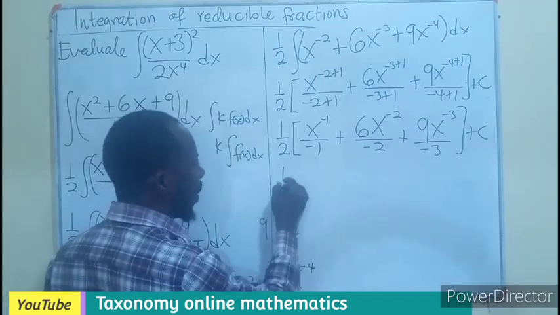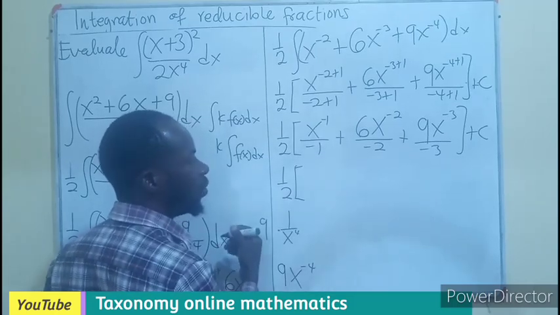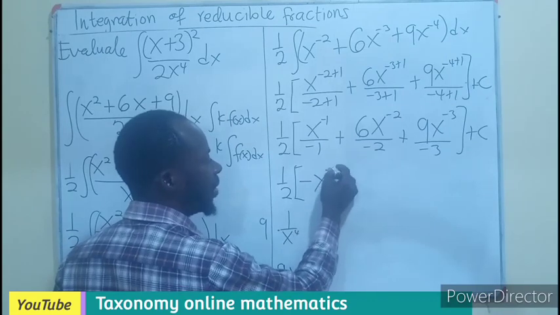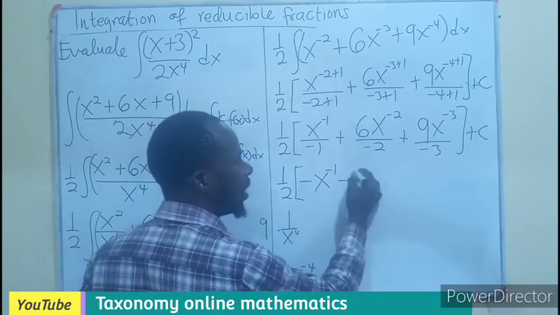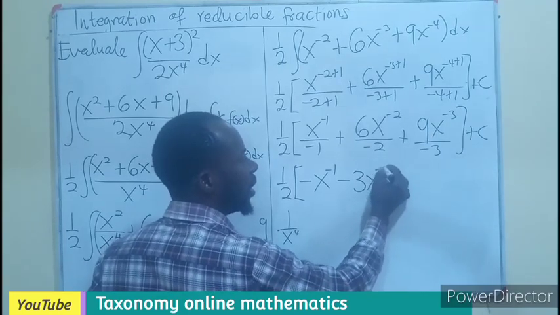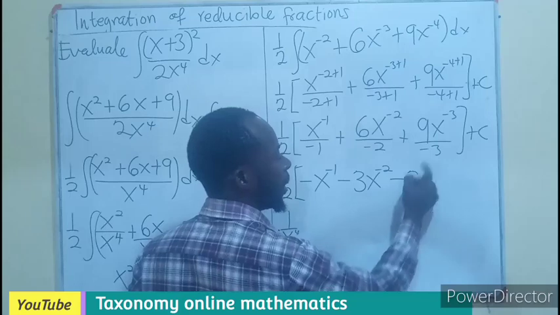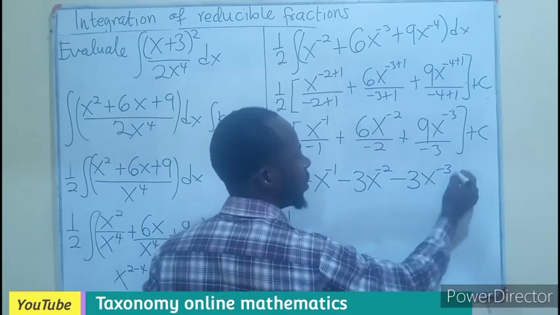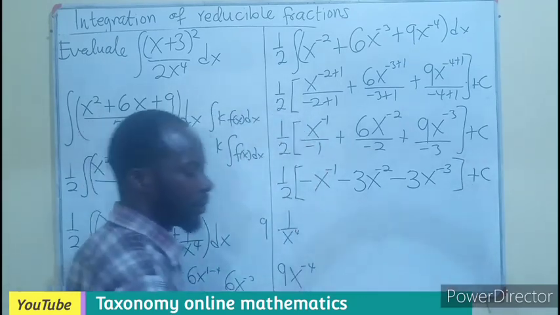So maintaining our half, this right here is going to be negative x to the power negative 1, then negative 3x to the power negative 2, negative 3x to the power negative 3, plus C.